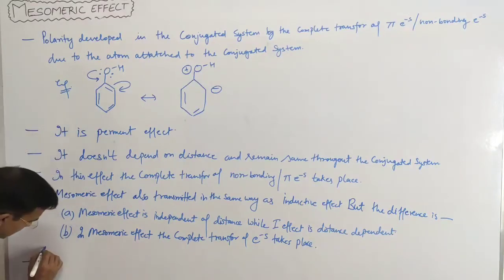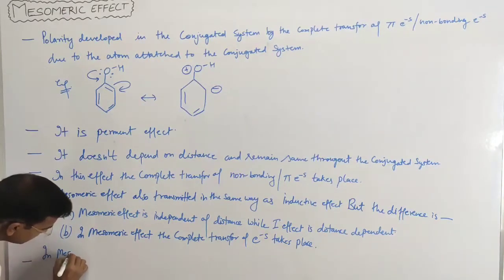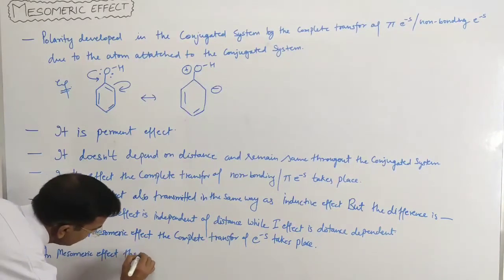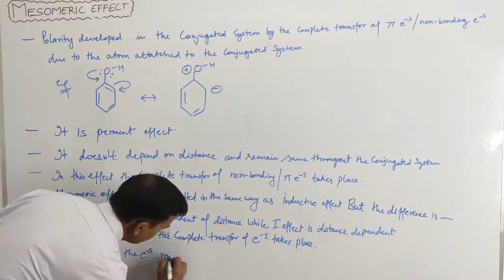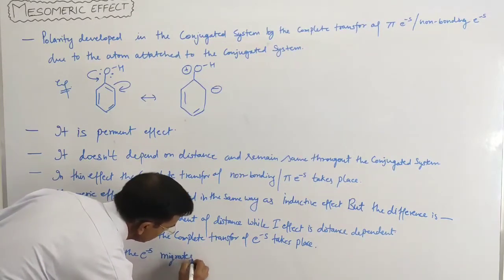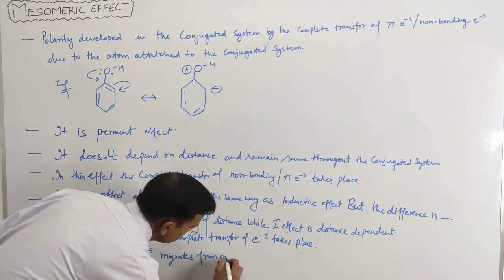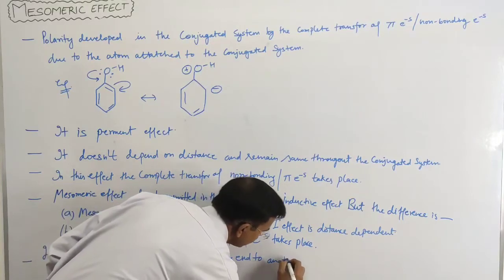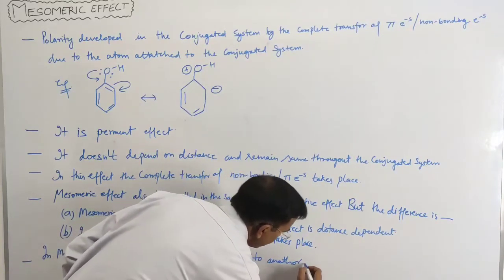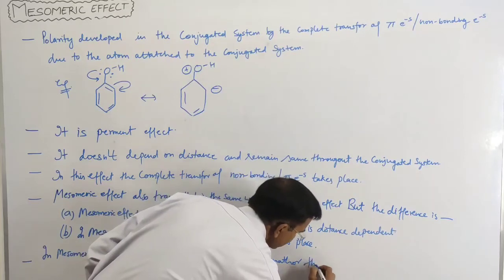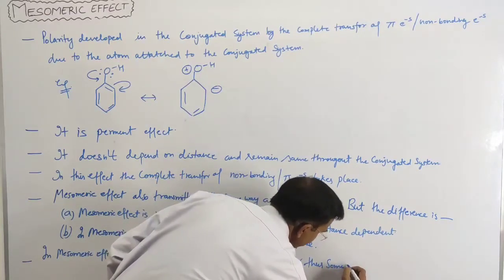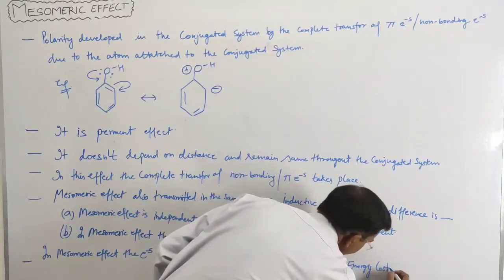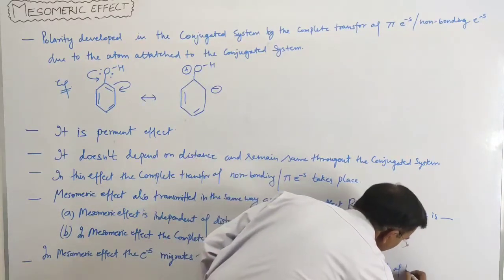Now the next point is, in mesomeric effect, the electrons migrates from one end to another. Thus, some energy lost of the molecule.